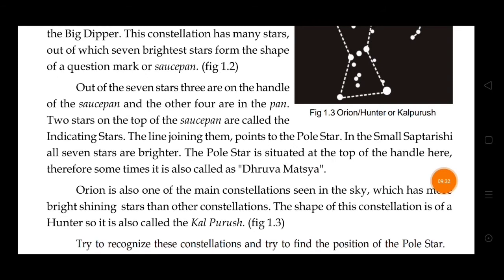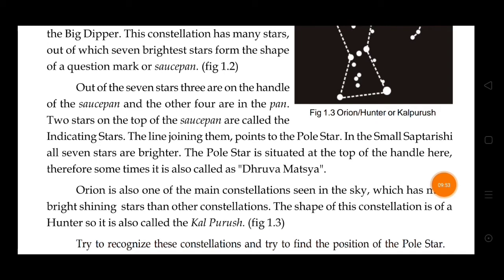Out of the seven stars, three are on the handle of the saucepan and the other four are in the pan. Two stars on the top of the saucepan are called the indicating stars. The line joining them points to the pole star. In the Small Saptarishi, all seven stars are brighter.